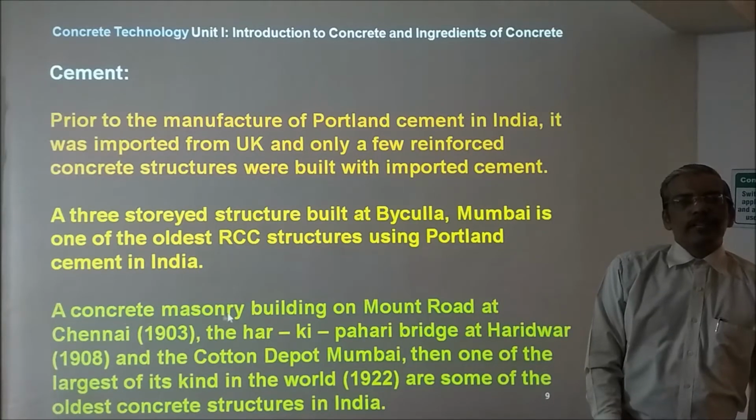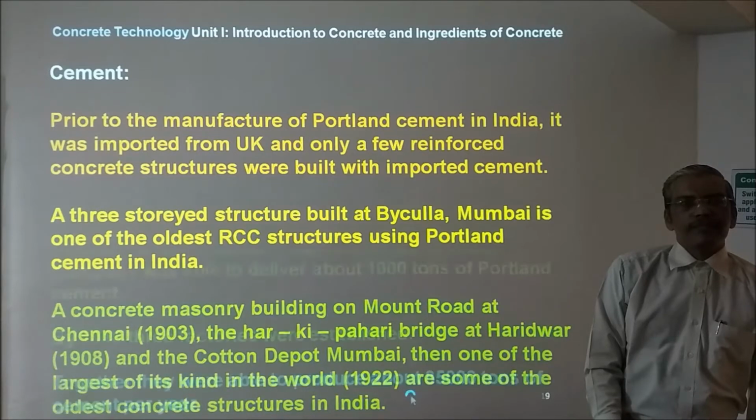A concrete masonry building on Mount Road at Chennai was built in 1903. The Harki Pauri Bridge at Haridwar was built in 1908, and the Cotton Depot in Mumbai, then one of the largest of its kind in the world, in 1922, are some of the oldest concrete structures in India.